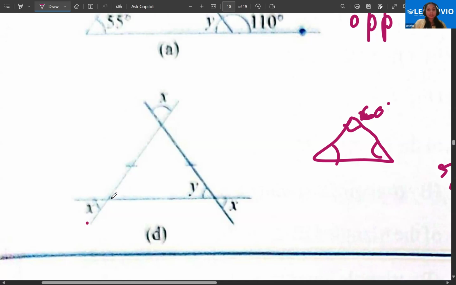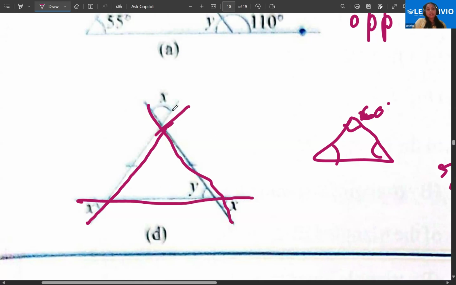Is the figure clear? So the triangle is something like this. And then here it's x, here it's x, y. These two lines are equal and this is x. So you have to find the x's.